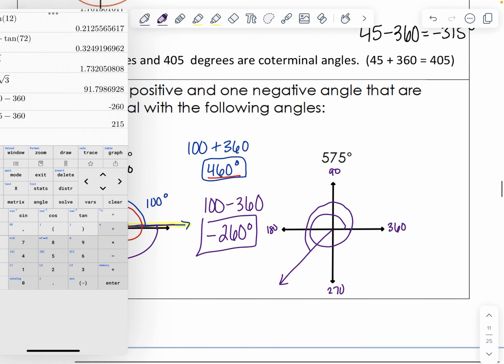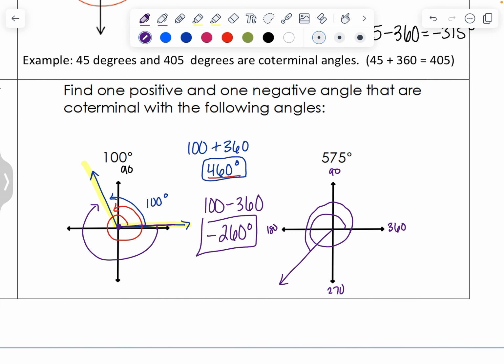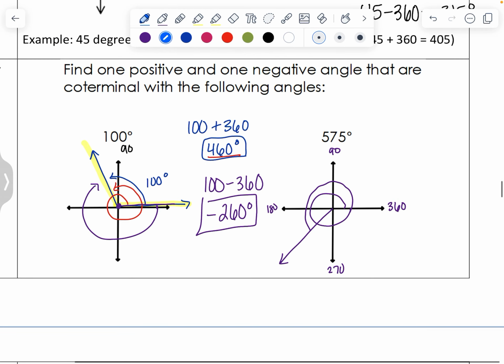So now if I would just originally go from the positive x-axis to this, that would be just that extra 215 that I went. So that is one answer for coterminal. Because my angle was above one revolution, I had to subtract to get my first coterminal angle.